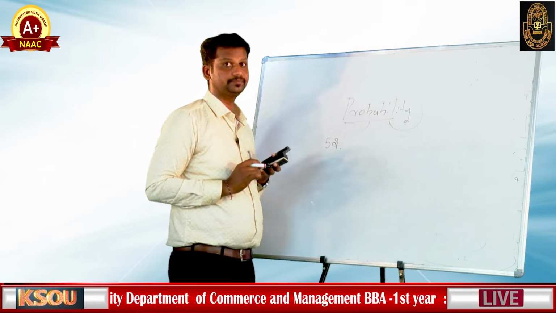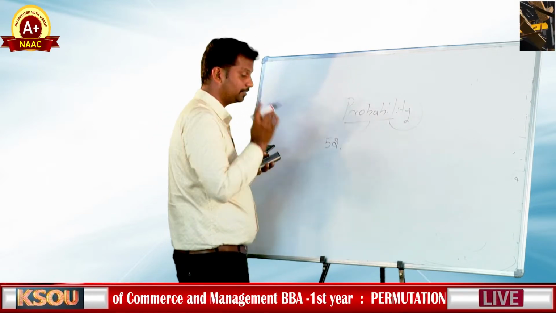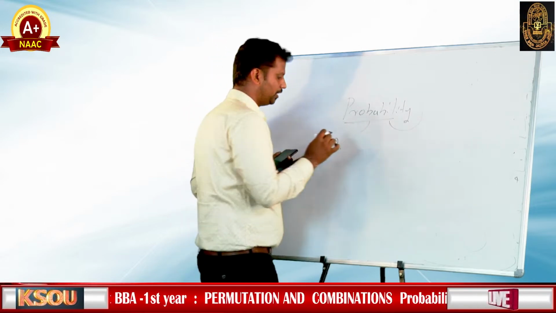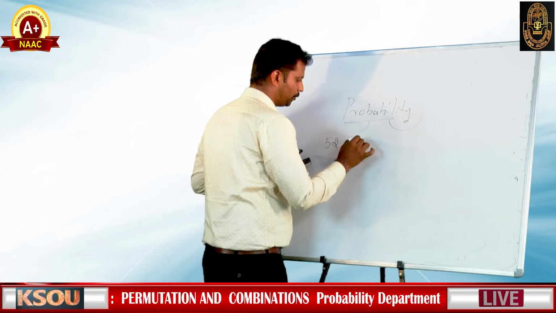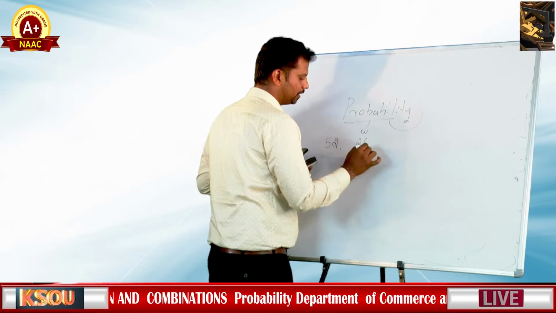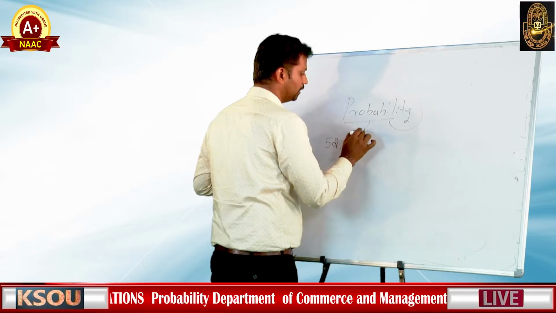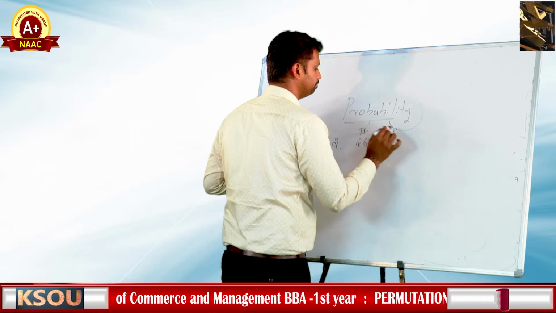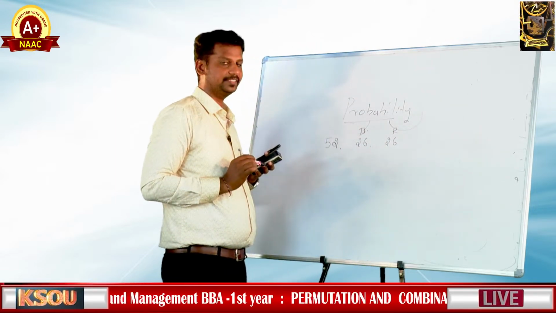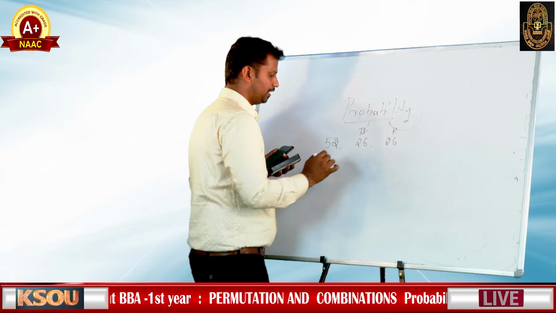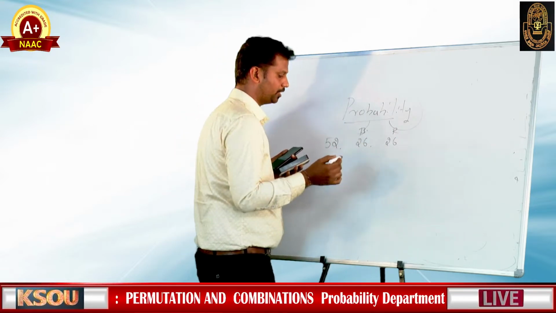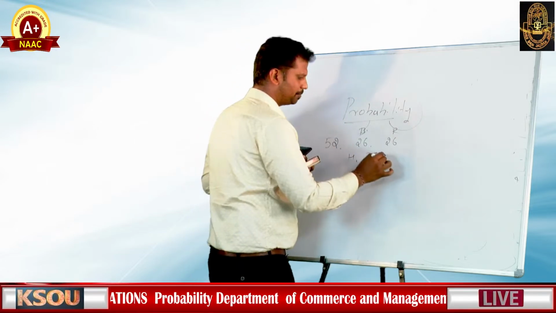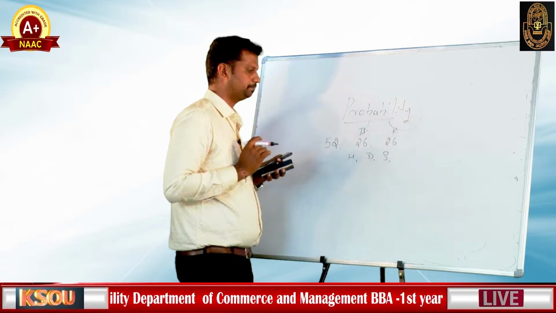You should be aware of the arrangement of the 52 cards. Here 26 are black and 26 are red cards. Clear? Then there are some combinations. What is the heart? Diamond and spade. Another one is called clubs.